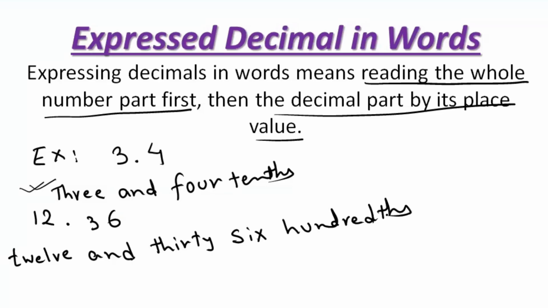Hundredths. I'll give you one tip so that you can easily know which place value you have to add at the end, whether you have to write tenths, hundredths, thousandths or ten-thousandths.